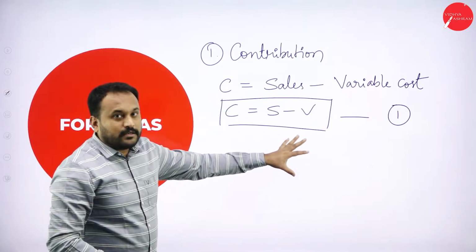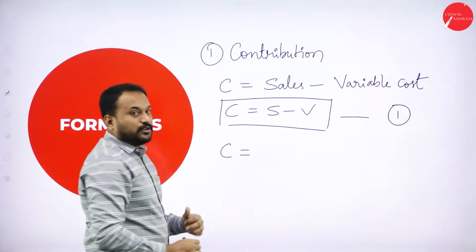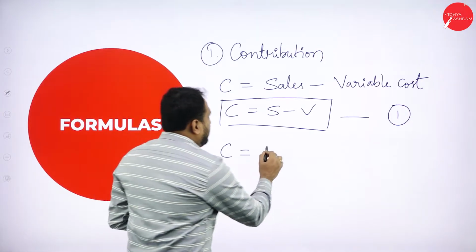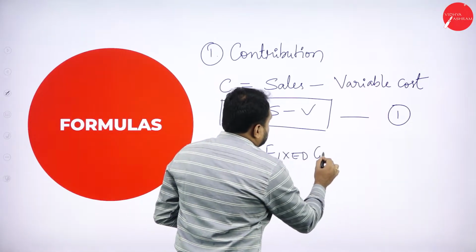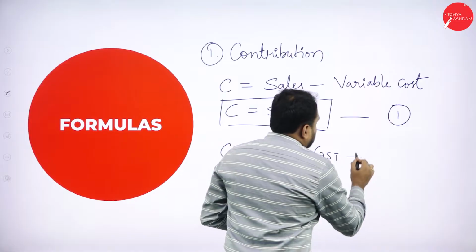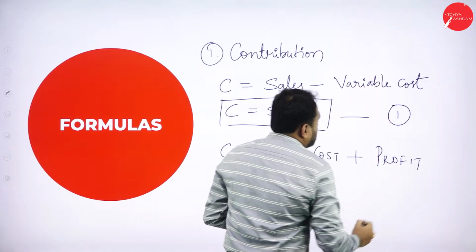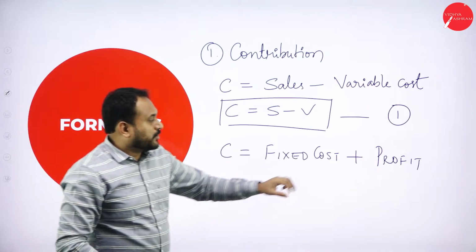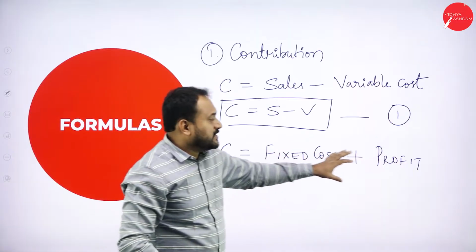So we'll write 1. But contribution is also equal to fixed cost plus profit. The profit we have and the fixed cost which we are supposed to pay. So fixed cost plus profit.